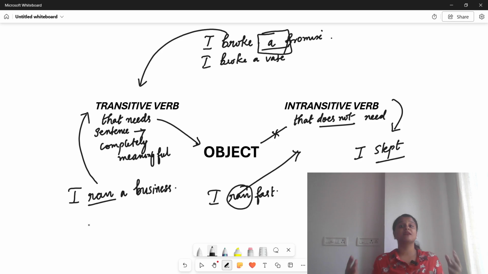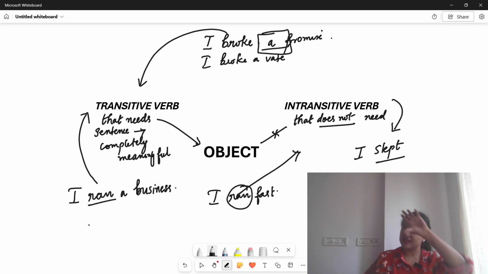So try not to learn that verbs can be classified into transitive and intransitive. No, you should say it this way: verbs can be used transitively and intransitively. So a verb like ran can be a transitive verb or an intransitive verb based on the sentence. Is that clear now?